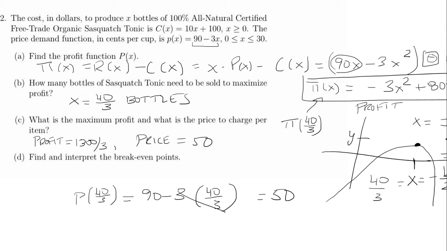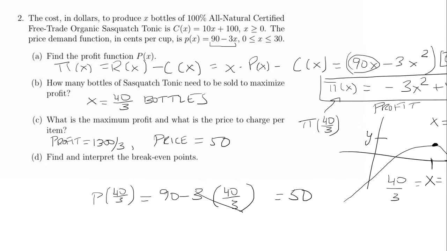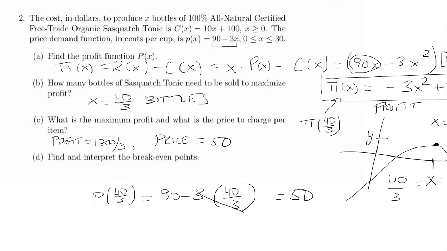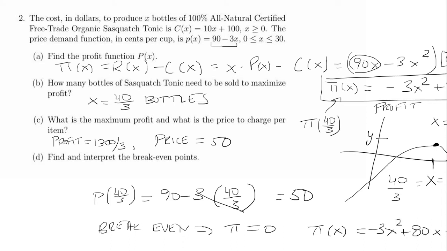And then for the last one here, find and interpret the break-even points. The break-even point is when the profit is 0. So we need to set our profit equation equal to 0. Profit we said was -3x squared + 80x - 100.